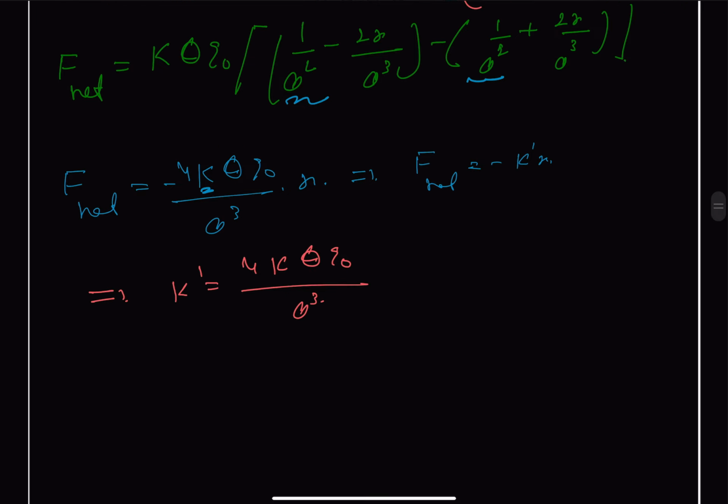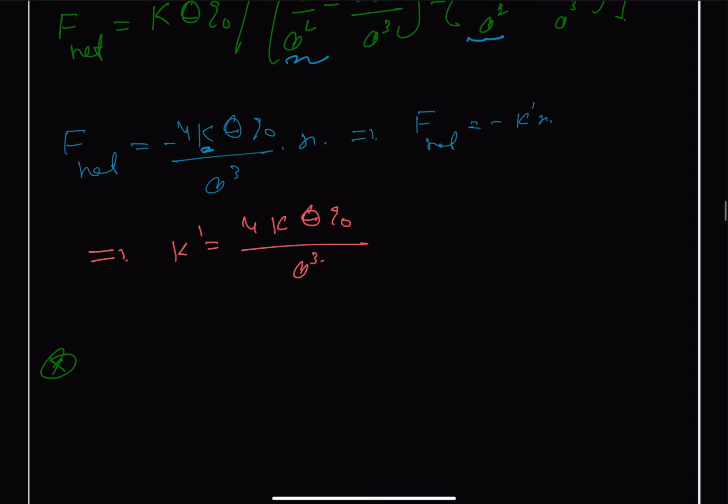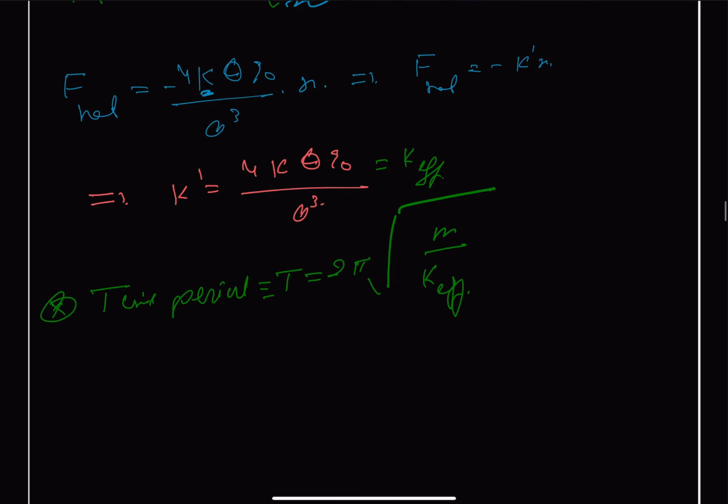And the time period T is equal to 2 pi square root of m divided by k effective, and this k prime is nothing but our k effective. Therefore we substitute it, we get 2 pi square root of m a cube divided by 4 K Q Q naught.